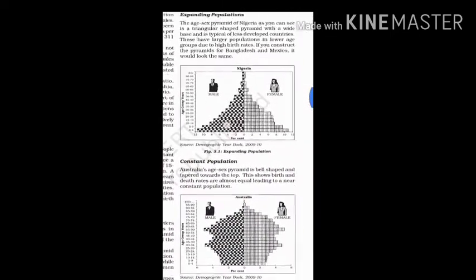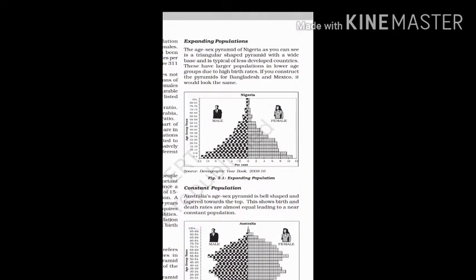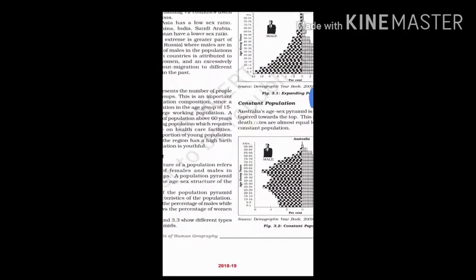So next we come to expanding population. Age sex pyramids are of 3 types.